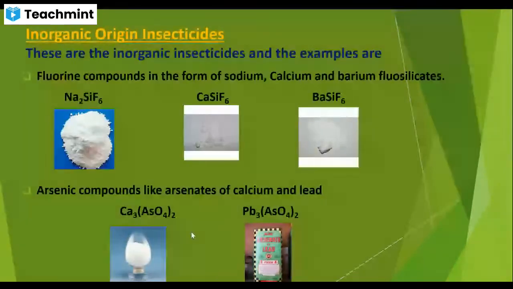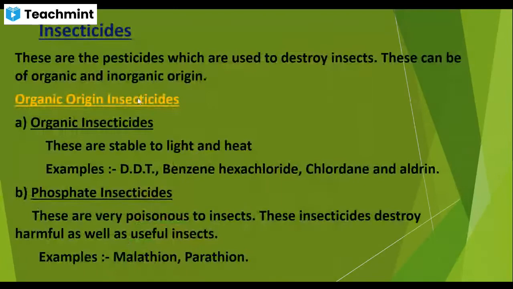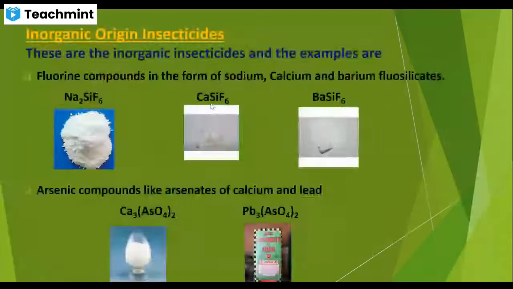Now the second one is inorganic origin insecticide. Here we have seen that insecticides are of two types: organic insecticide and inorganic insecticide. Organic origin insecticide we have seen. The next one is inorganic origin insecticide.